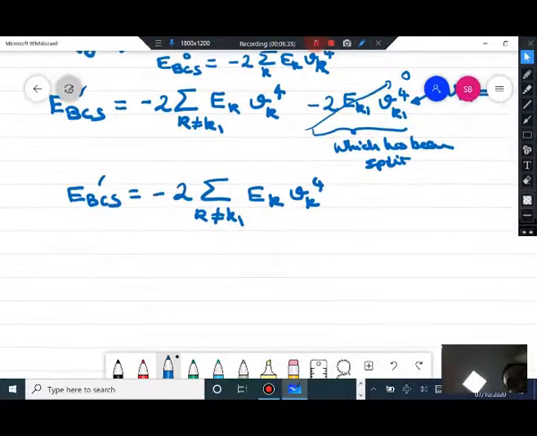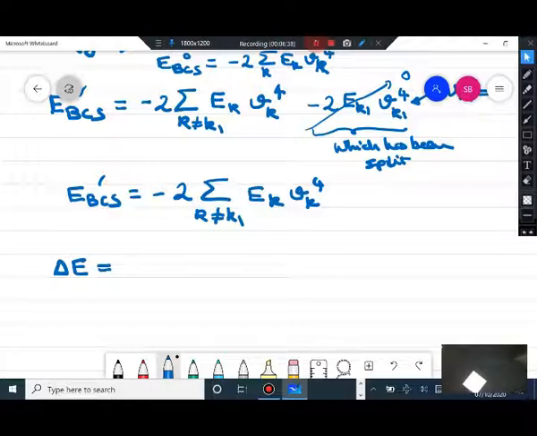Therefore the energy difference between the excited state and the ground state is EBCS prime minus EBCS 0.